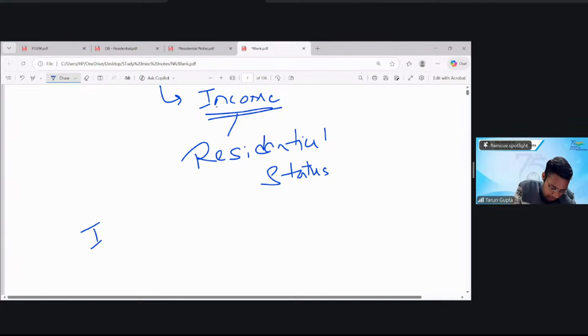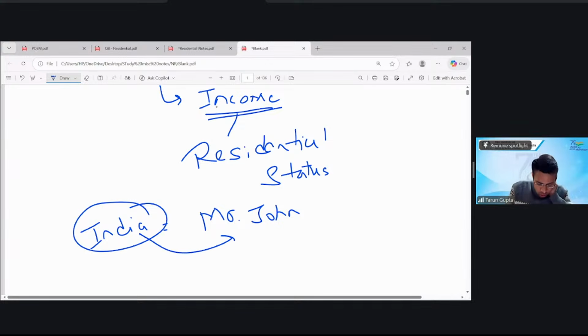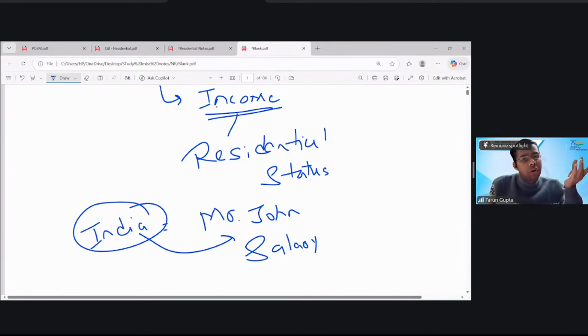Can India tax Mr. John, who is born and brought up in the US, working in Microsoft US, deriving salary from Microsoft US, which is received in his US bank account? He has no connection whatsoever with India. Can the Indian government say, Mr. John, pay tax on your salary income to the Indian government? It can say, but what would be John's reply?